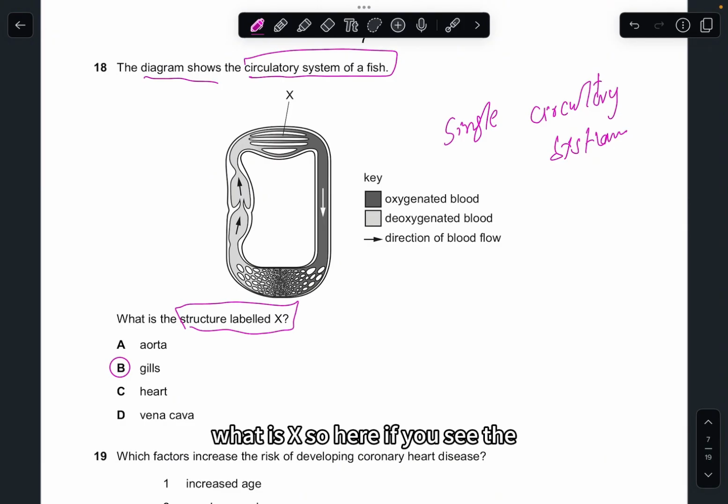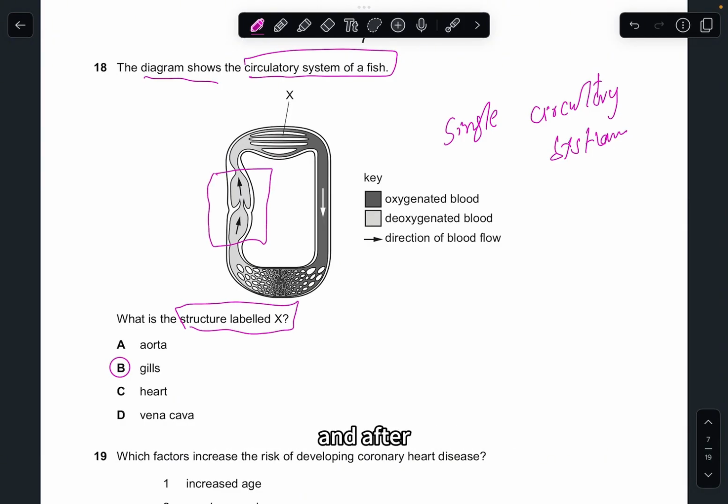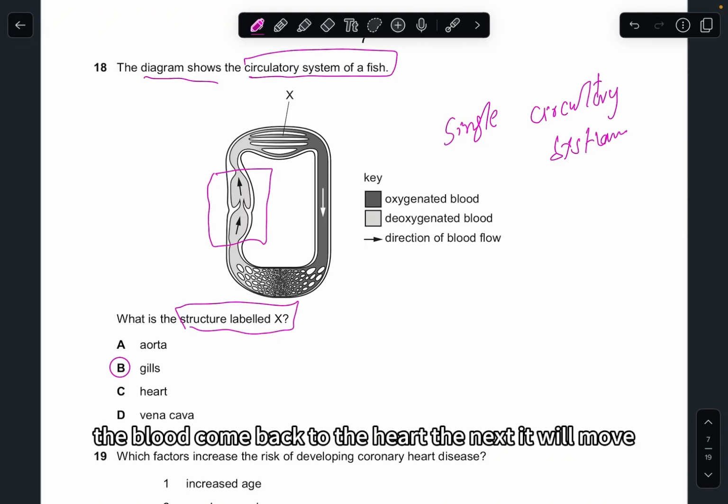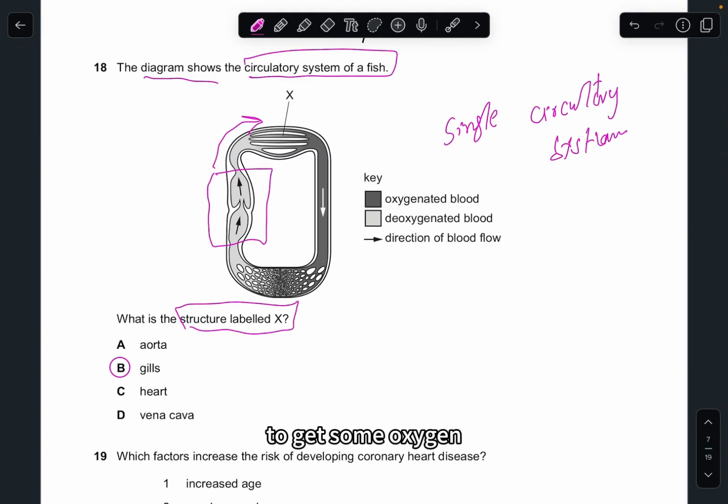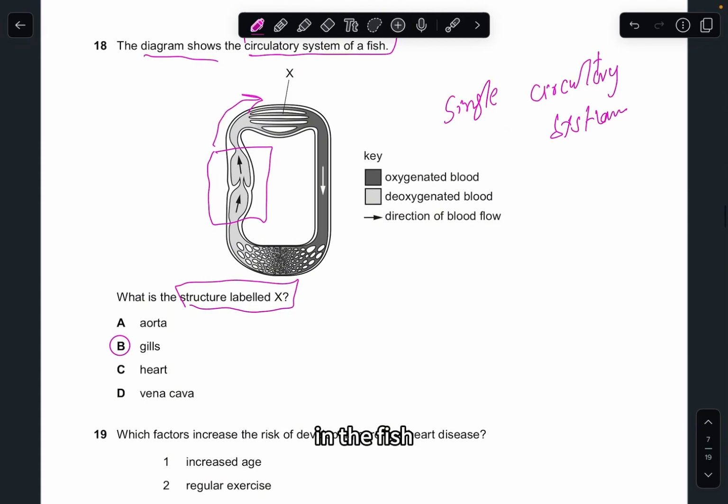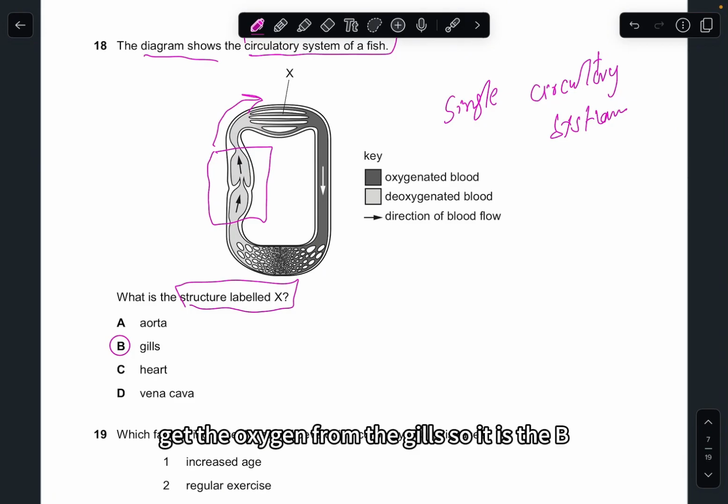If you see the diagram, here is the heart of the fish, and after the blood comes back to the heart, next it will move to get some oxygen, and that is the gills. The fish gets oxygen from the gills, so it is B.